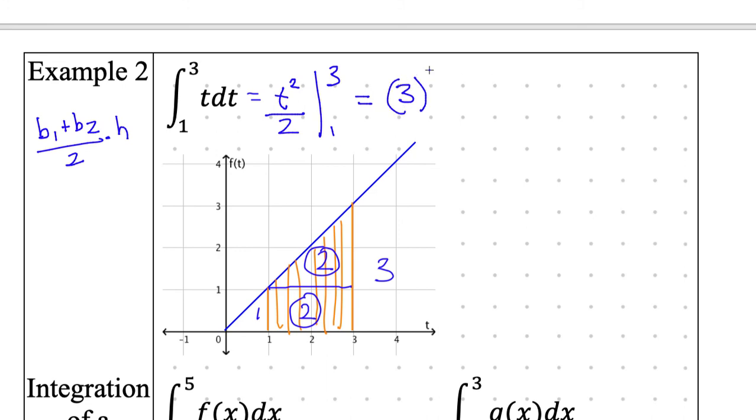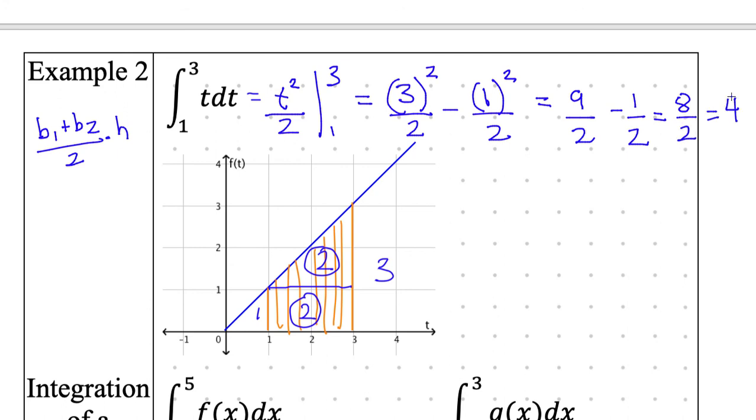Careful. 3, you plug all of it in, right? 3 squared over 2 minus 1 squared over 2. Simplify. 9 over 2 minus 1 over 2, which would be 4. Cool. So we got 4 both ways.